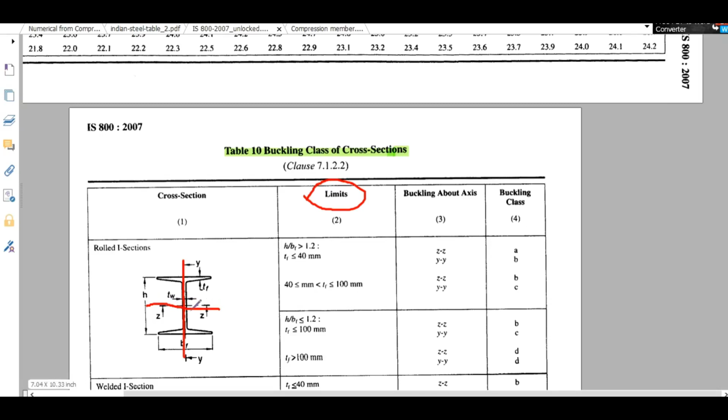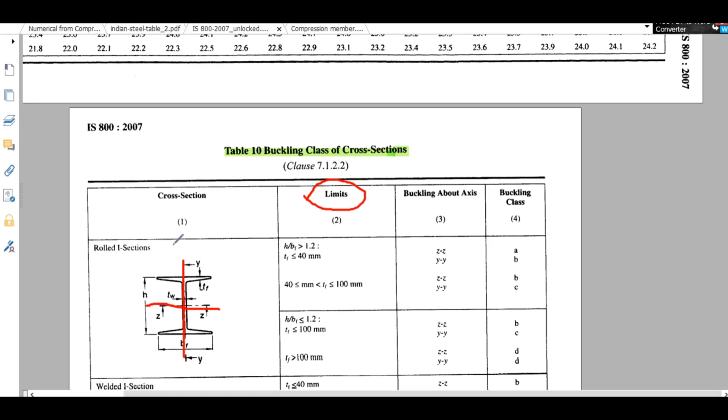This column can buckle about the y axis or about the z axis. In which axis which buckling class curve should be selected? That depends on these limits.